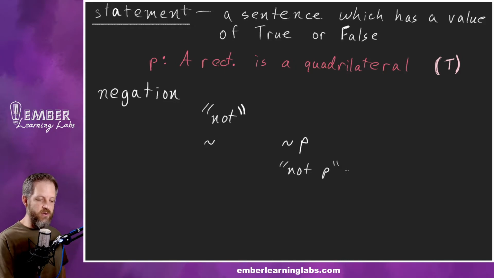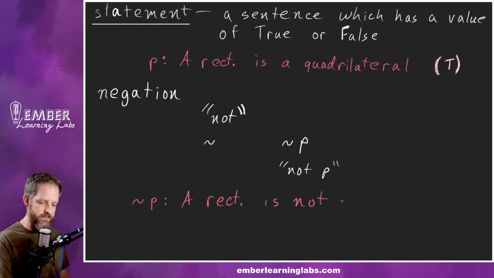If we were to continue with this example, not P in this case would be the statement: a rectangle is not a quadrilateral. I'll abbreviate quadrilateral this time since we've got it up above.